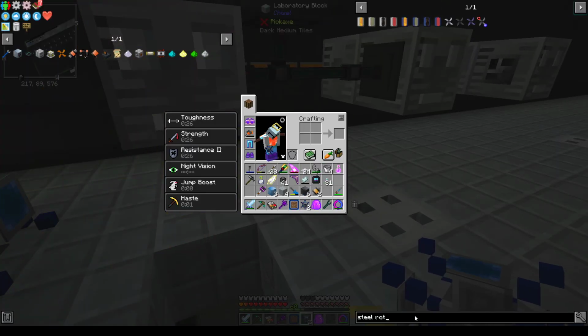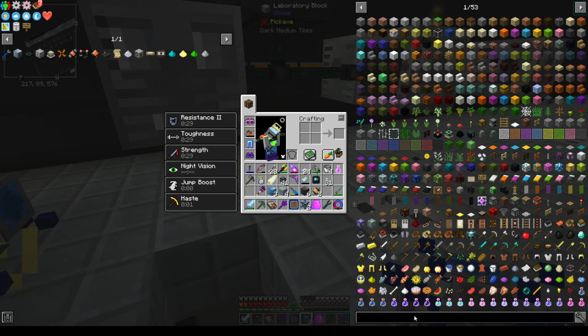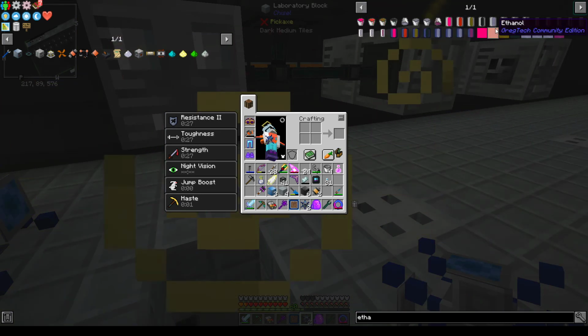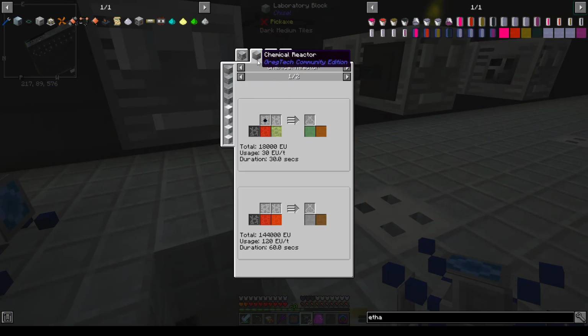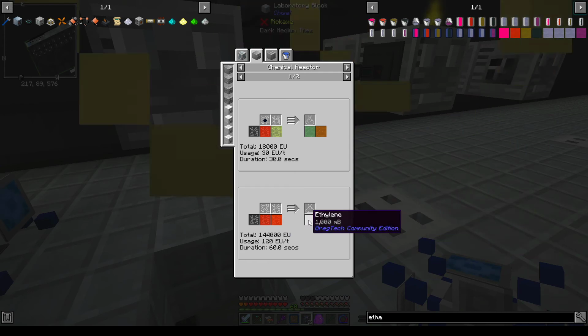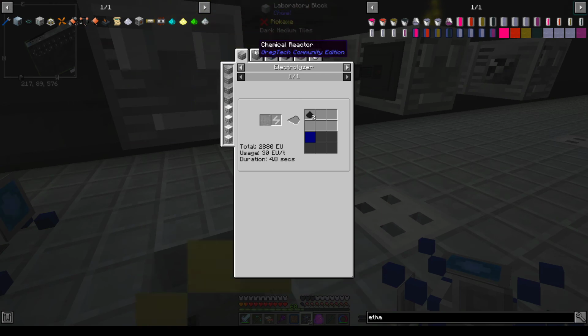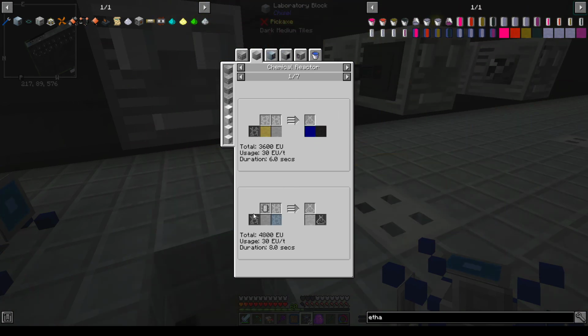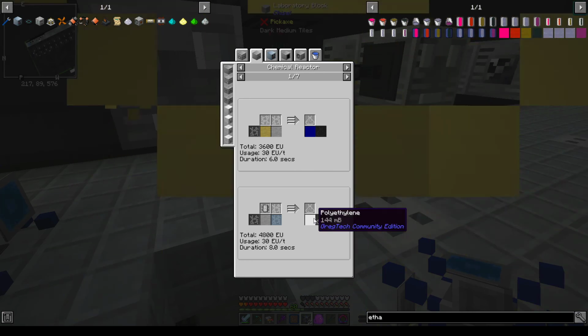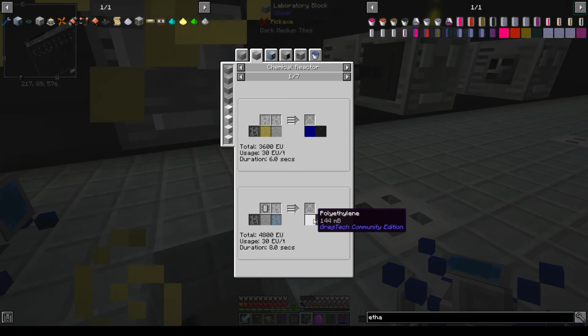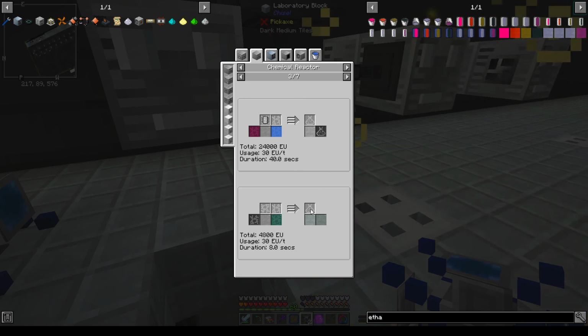Alright, so let's take a look at these. Let's take a look and see what our byproducts are. So ethylene creates sulfuric. Alright. And then if we take ethylene and combine with air, there's no byproduct. We're not going to combine it with air. We're going to do oxygen, but there's no byproduct for that. Let's take a look at the vinyl chloride.